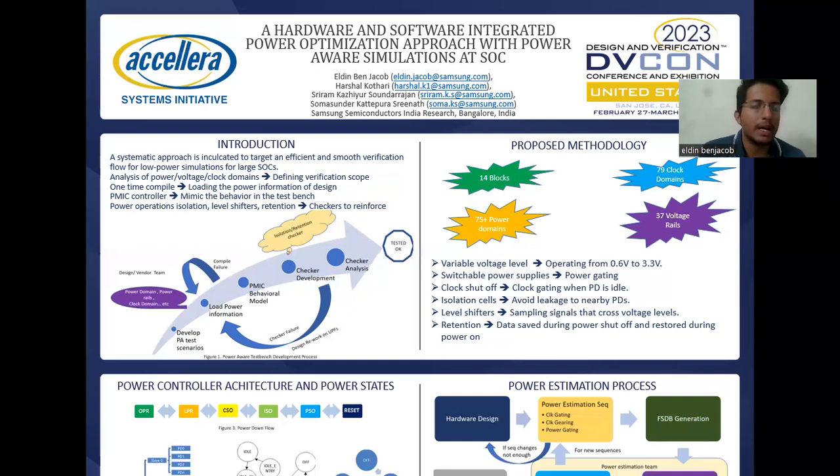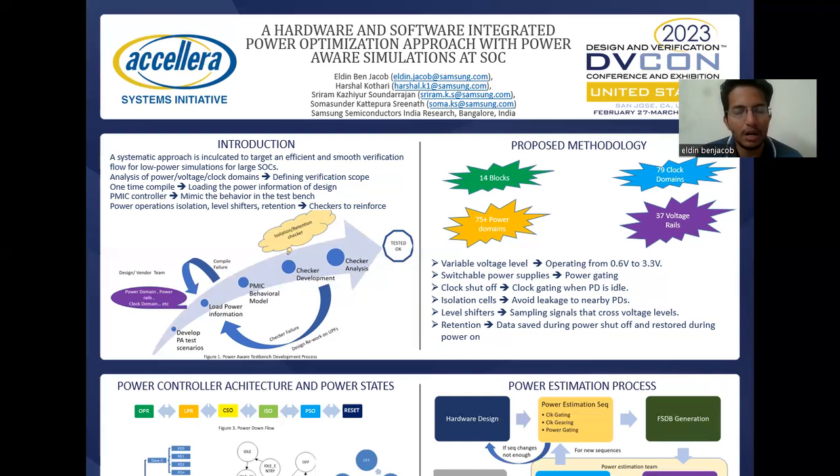The power supply is given by another module known as PMIC. The PMIC is not a part of the chip, but a part of the system that the particular chip is going to be part of. So this has to be a part of the TB, or the test bench.